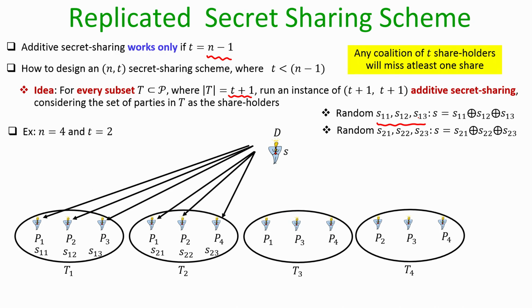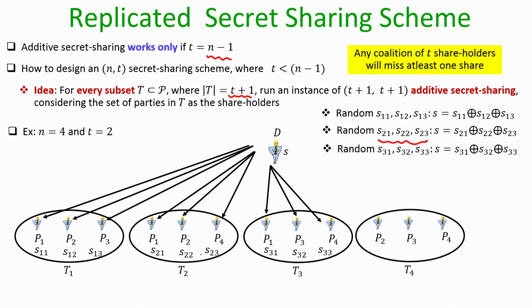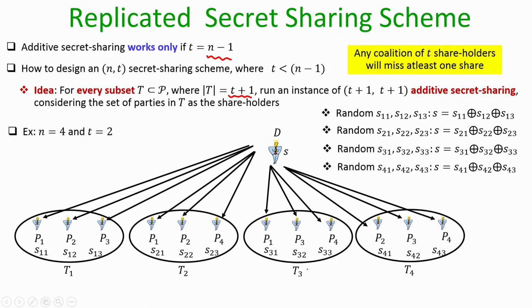Independently, the dealer runs another instance of additive secret sharing for the same secret S and computes 3 shares such that their sum is equal to the secret S, and the respective shares are given to P1, P2, P4, who are the shareholders in this second subset T2. In the same way, the dealer creates another instance of additive secret sharing for the subset T3 and another instance of additive secret sharing for the shareholders in the set T4.